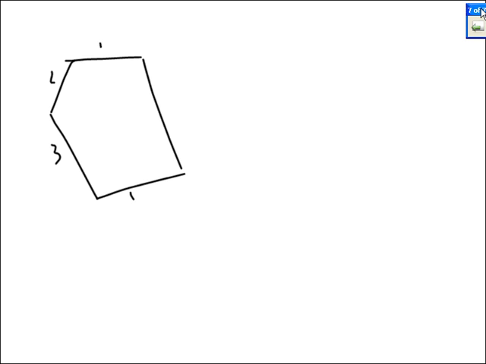Okay, suppose you have a 5-sided figure. 1, 2, 3, 4, 5.